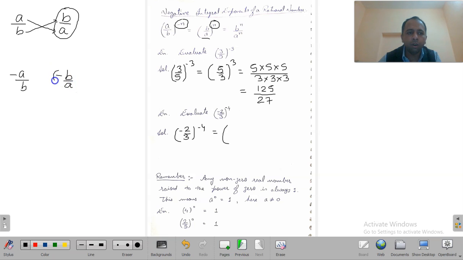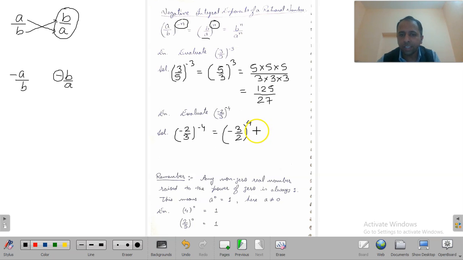The negative sign always remains in the numerator. So minus 2 upon 3, when we take its reciprocal, will be minus 3 upon 2. And because we have taken the reciprocal, the exponent value minus 4 will become 4 here.